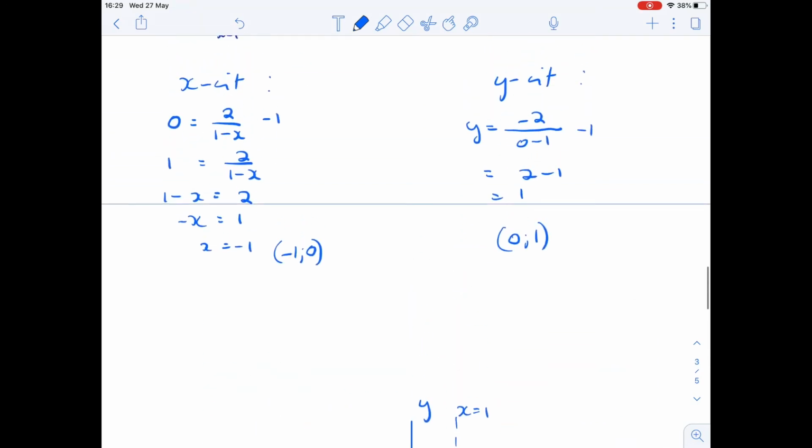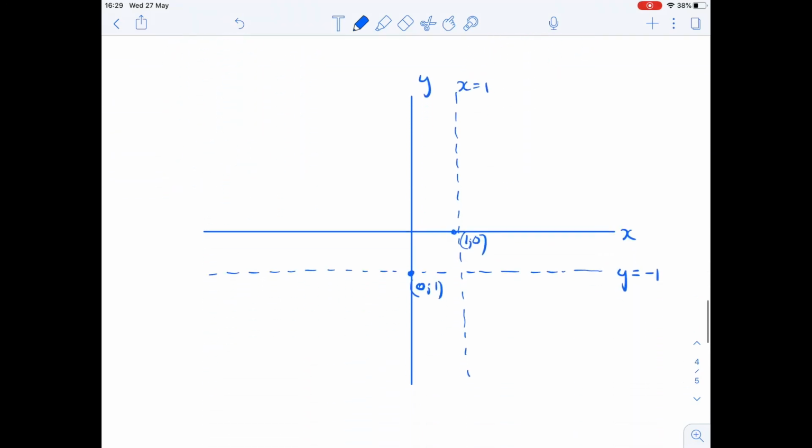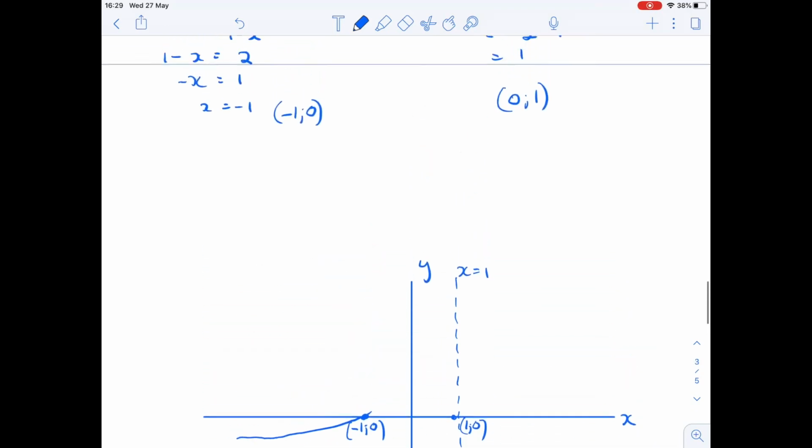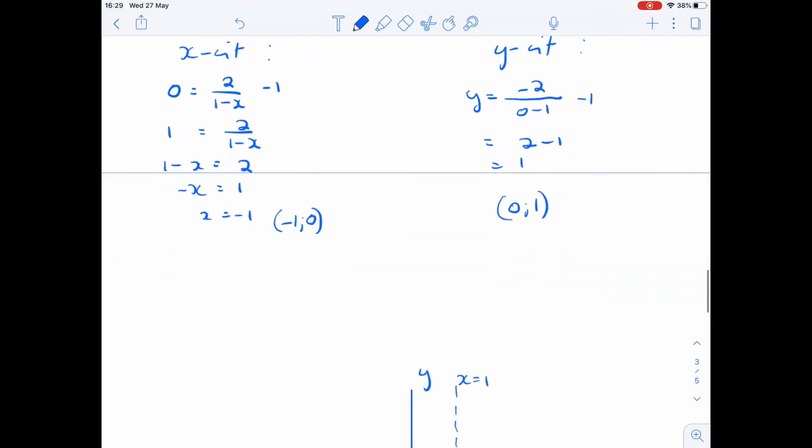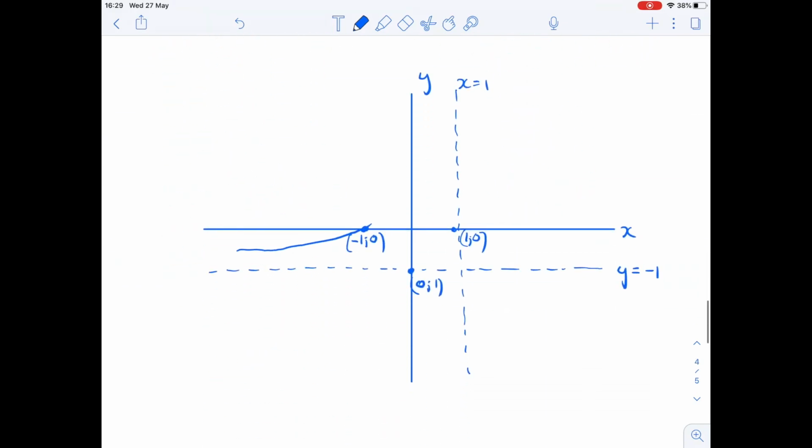Now our x-intercept was minus 1, 0. So on the x-axis, it's going to cut there. And let's draw it as neatly as we can. Oh, I forgot to look where the y-intercept was. Sorry. Our y-intercept is 0, 1. Okay, so there's a whole lot of 1s involved here.